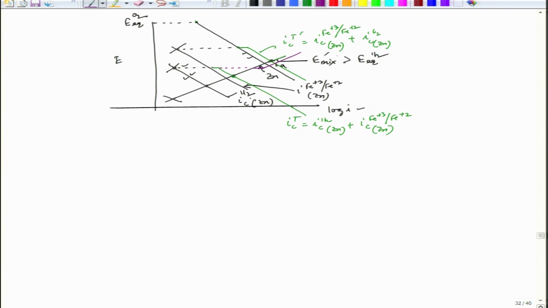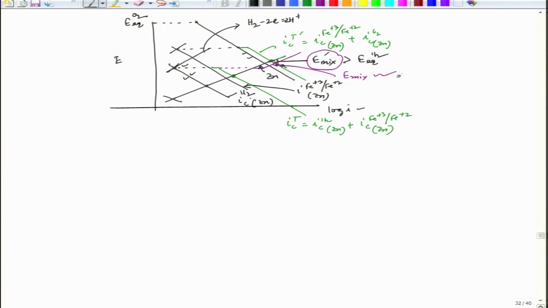So, this will not be the actual E mix, rather this point will be the E mix. This point will be the E mix, because we could see that when the anodic reaction is going up, we have the anodic reaction for hydrogen going on. So, this particular line talks about hydrogen minus 2e equal to H+.